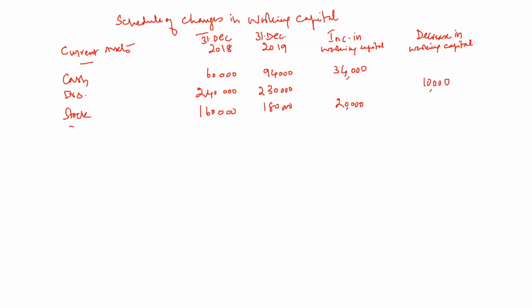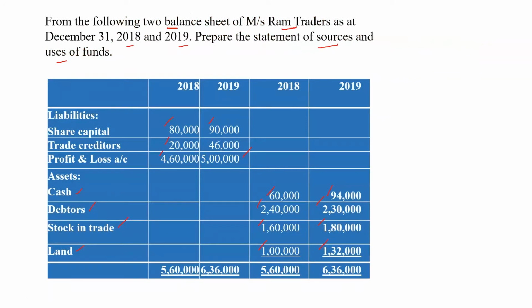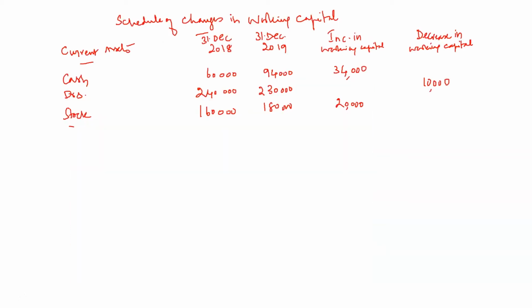So now let us find out the total of current assets. Is there any other thing in terms of current asset? Land is a fixed asset, whereas these are all current assets: cash, stock, debtors. There are only 3 items of current assets. I am just finding out the total of it. 4,60,000.